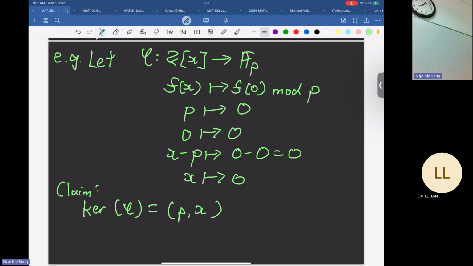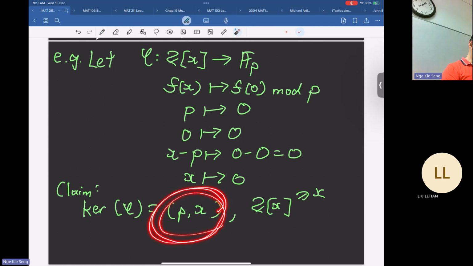But your ring consists of x. What's your ring? Your ring is Z[x]. What is in Z[x]? X is in there. But what does it mean by a linear combination of p and x? It means that you can take the ring elements and multiply them with your generators. So you have x squared. Make sense?